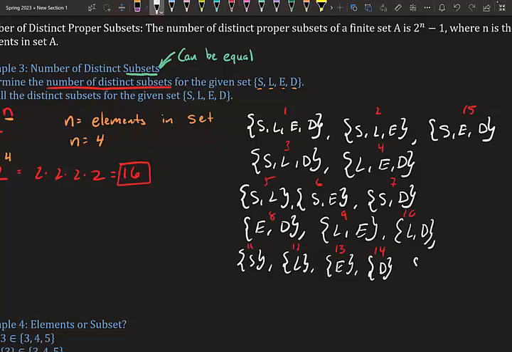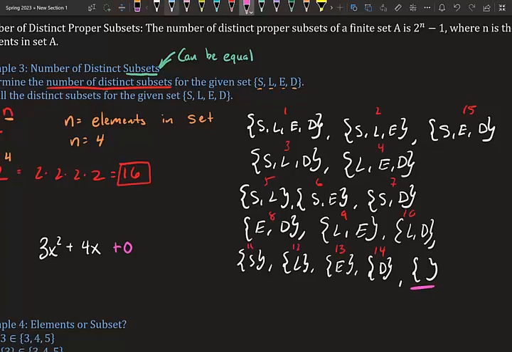Well, there's always an empty set. An empty set is a subset. Now, why is there an empty set? Let me bust out some algebra for you. If I did something in algebra like 3x squared plus 4x, do you know that there's always a 0 at the end of everything?